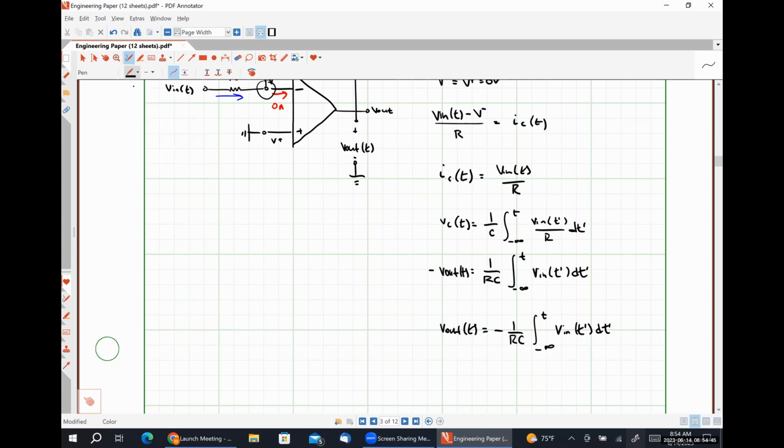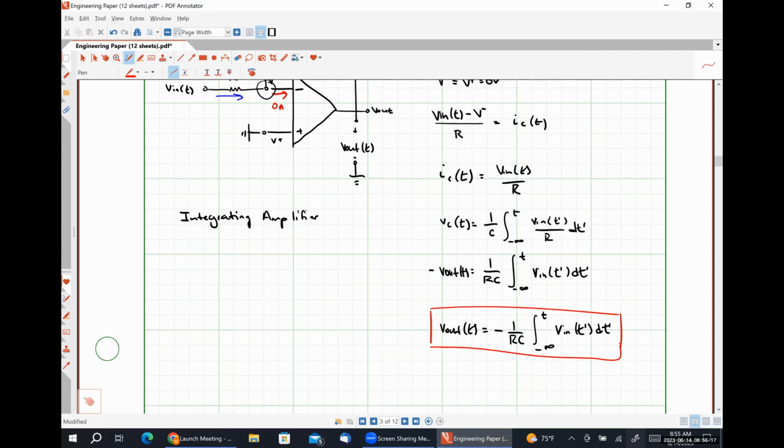So this is our integrating amplifier, because the output is a scaled version of the integral of the input signal. Now, realistically, we don't know exactly what the capacitor was doing at t equal to negative infinity, right?